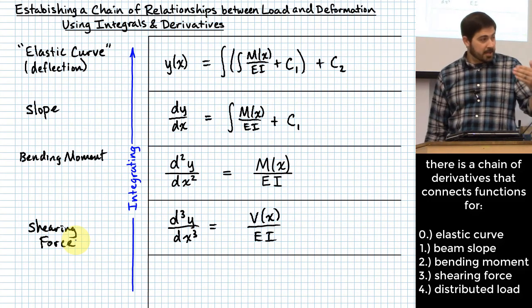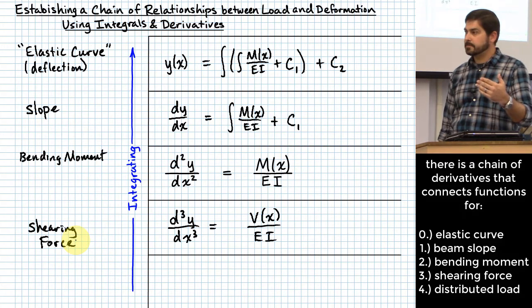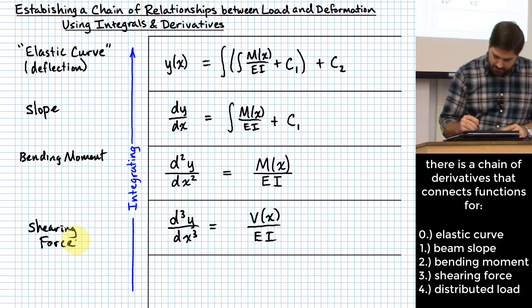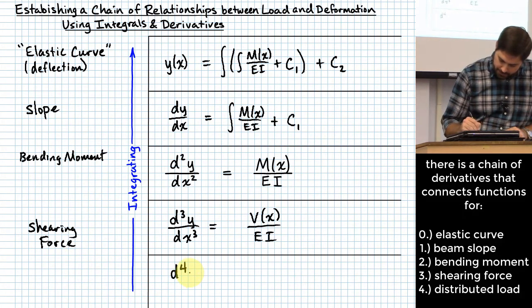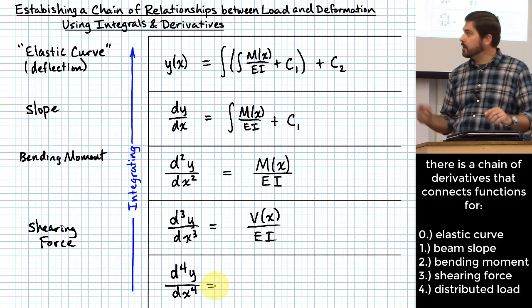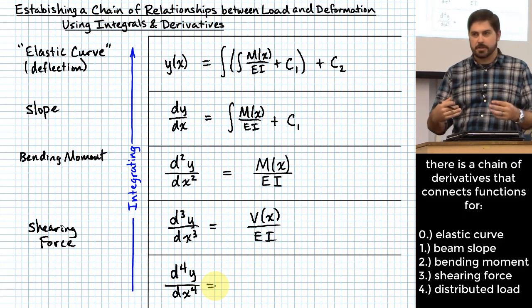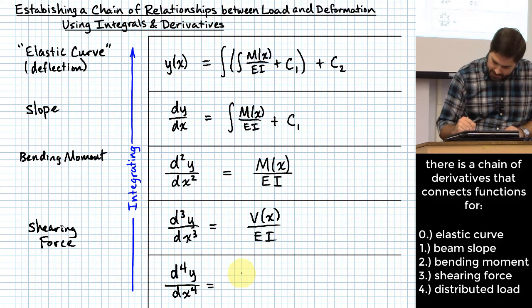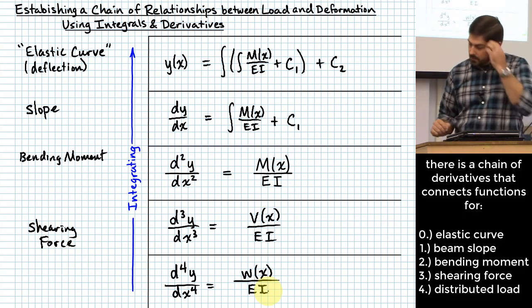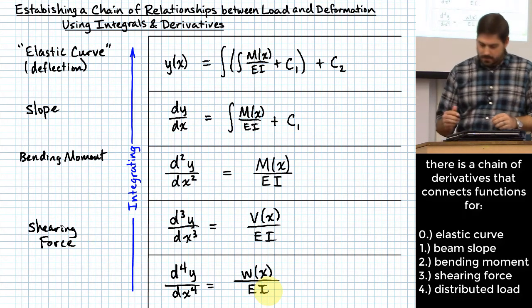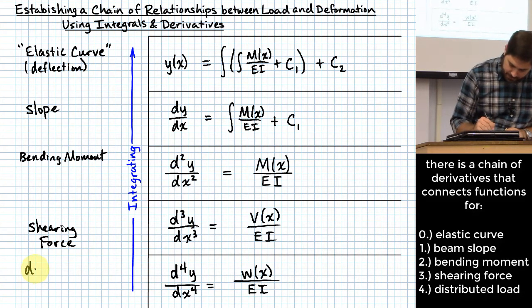Or not integrate, take another derivative, I should say. Okay? This ends up being the fourth derivative, y with respect to x. And you might remember that taking a derivative of V of x gave you a distributed load function. So I'm going to call that W of x. Okay? So this is our distributed load.